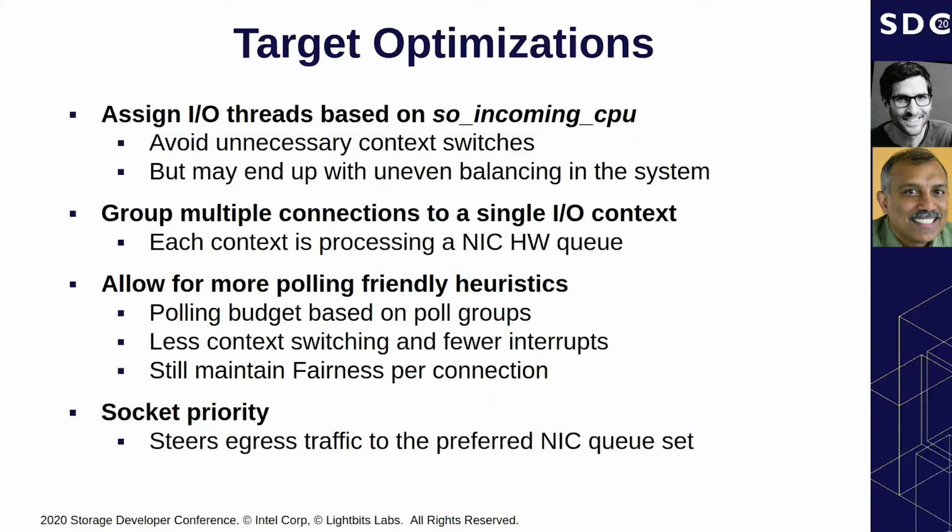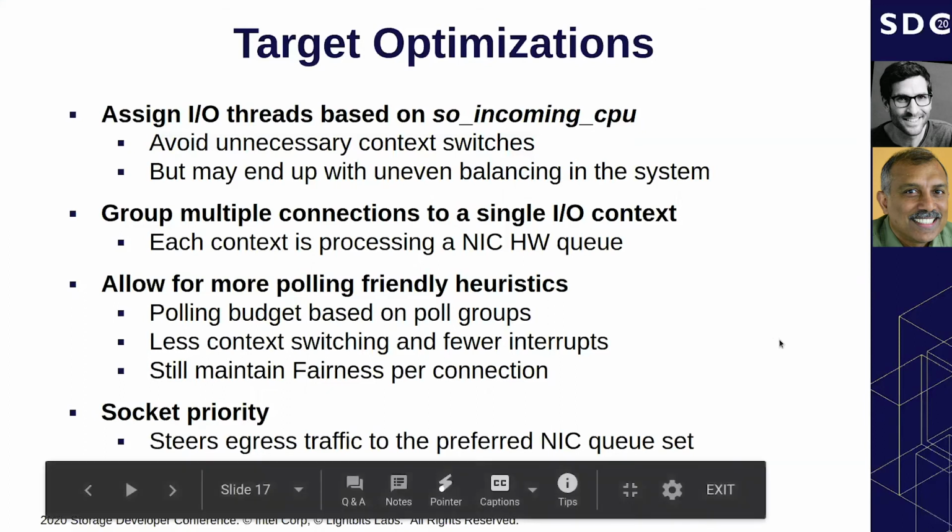And so we introduced a polling budget based on poll groups, which ultimately reduces context switching, and the interrupts are fewer because of that. But at the same time, we maintain fairness per connection.